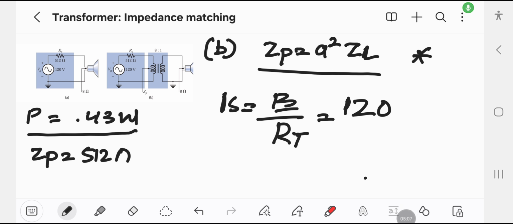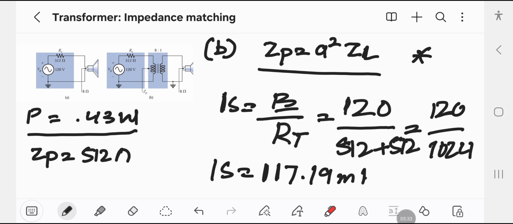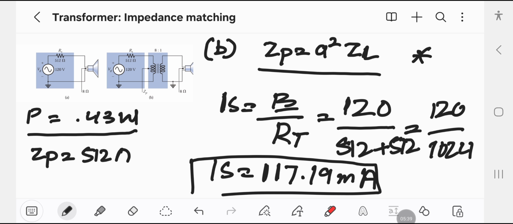The total resistance here is the primary resistance plus the internal resistance, which is equal to 24. So the source current in this case is 117.19 milliampere. Let's see the simulation of the first case, then we will proceed.